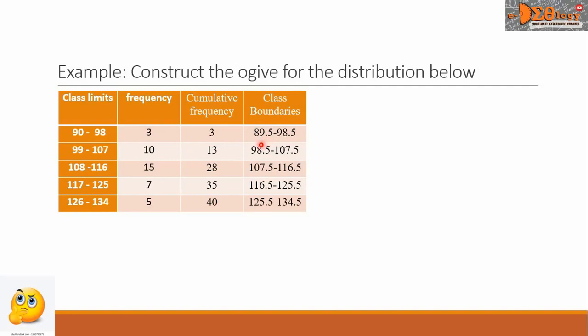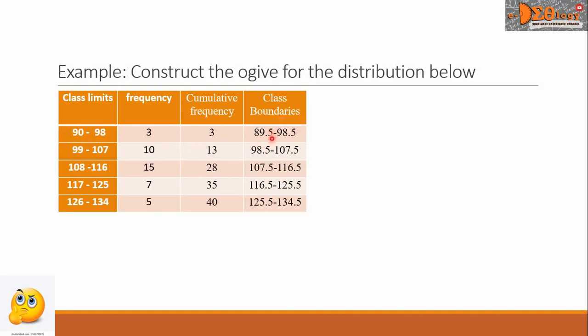The lower class boundary is 89.5. We can get this value from the lower limit, which is 90, minus 0.5. So we get 89.5.